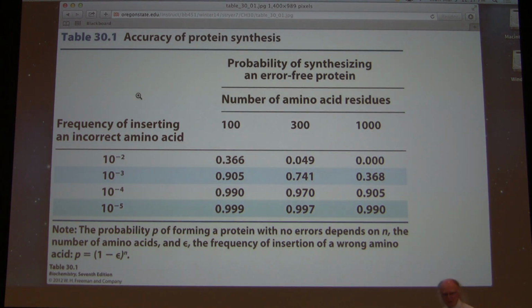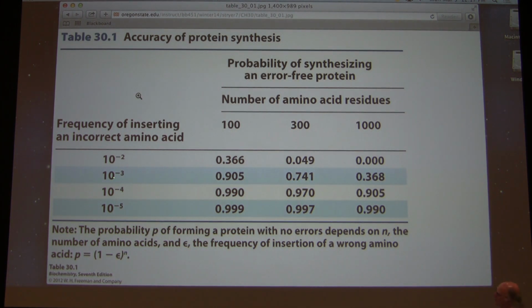If we look at the relative errors cells make, with the frequency of putting in the wrong amino acid at an error of 1 in 100, then for a protein that has 100 amino acids, 36% of the time it's going to have at least one error.